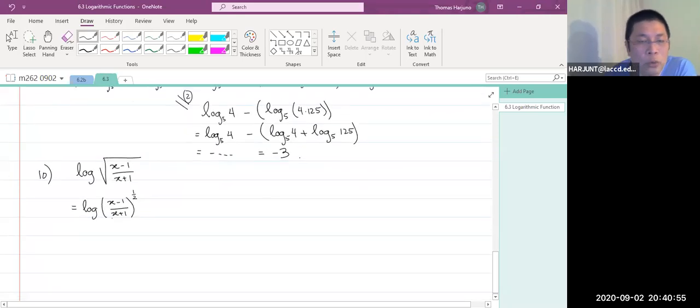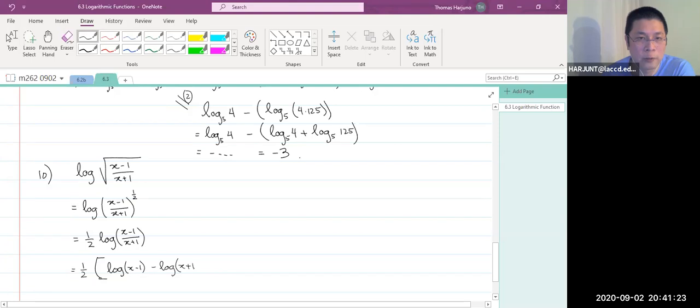And according to property number 3, I can bring it to the front, which is 1/2 of log (x minus 1) minus log (x plus 1). And distribute the 1/2.